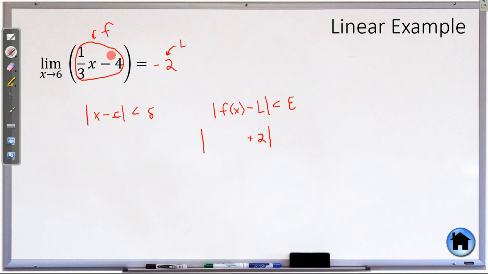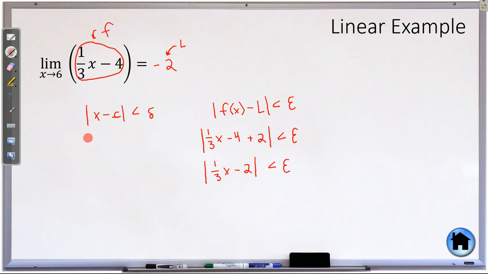And so what we're going to do is plug in the function, 1/3 x minus 4. So what does that give us? If we simplify that, that is still less than epsilon. We get the absolute value of 1/3 x minus 2 is less than epsilon.